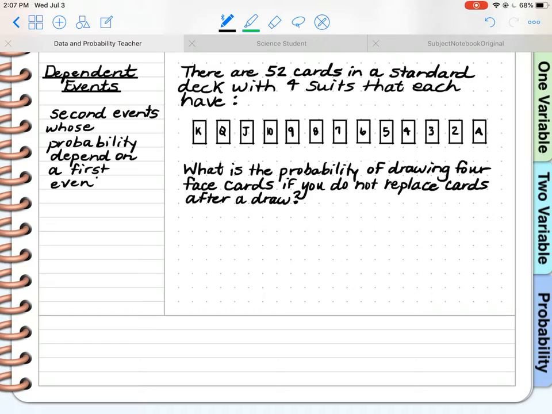So this time, what happens on the first event matters, and it will affect what happens thereafter.